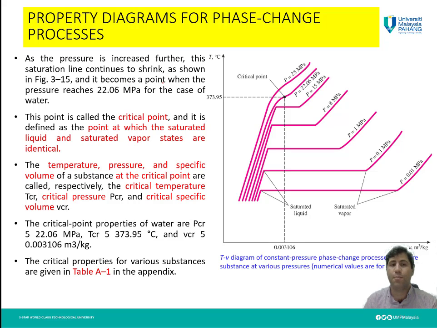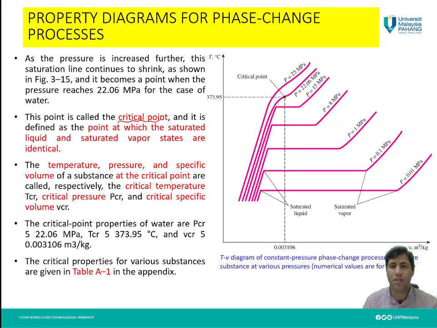And it becomes a point when the pressure reaches 22.06 megapascal in the case of water. So for water, this line will be a point when the pressure is 22.06 megapascal. This point is called the critical point, a very important point when we are studying phase changing for water, and it is defined as the point at which the saturated liquid and saturated vapor states are identical.